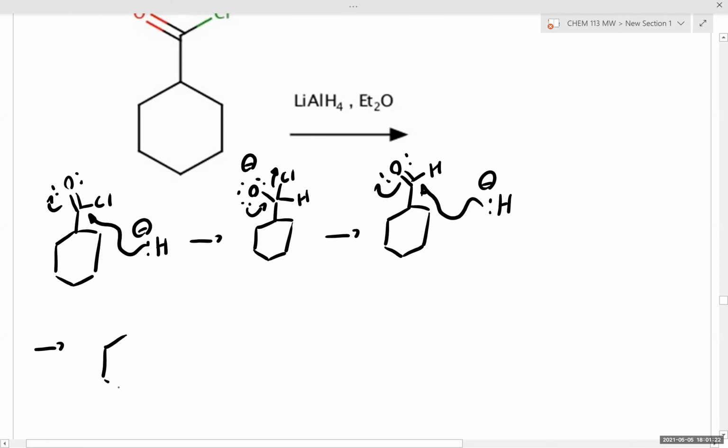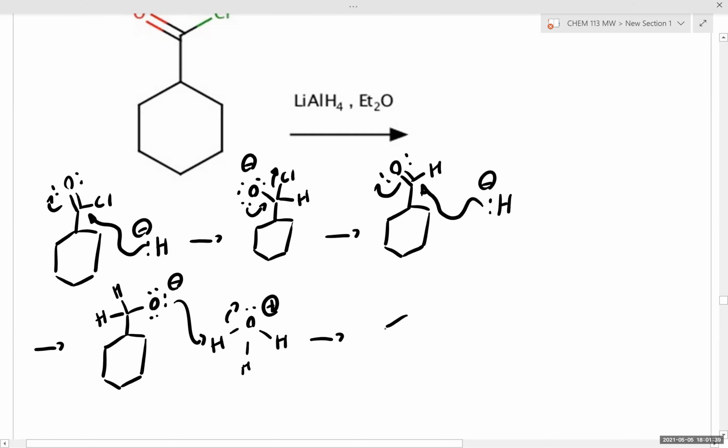From here, we get our corresponding aldehyde, and that aldehyde can be attacked with a second equivalent of hydride, and that in turn gives us our primary alkoxide ion. And if we add any acid during the quench, we can quench this alkoxide ion and generate a neutral isolable primary alcohol.